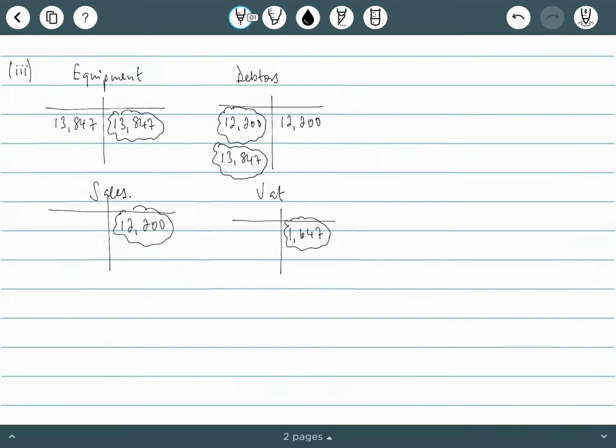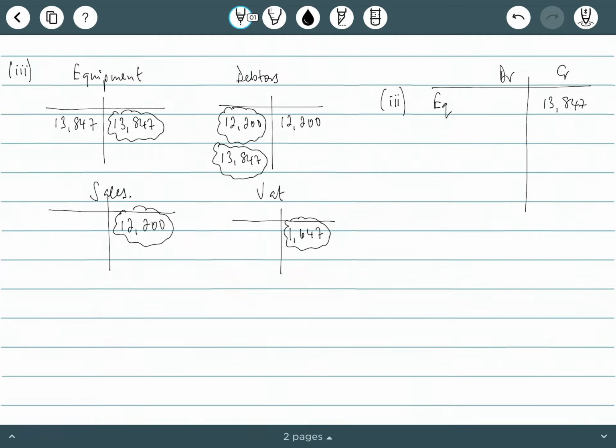There, your correct entries, lads, for that transaction. So go over to our general journal once again. You've got your debit side and your credit side. Now, obviously, this is part 3. We've got equipment, the entry we did there was 13,847 as a credit.